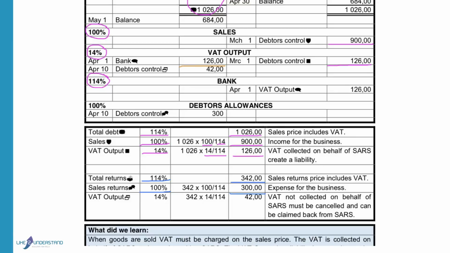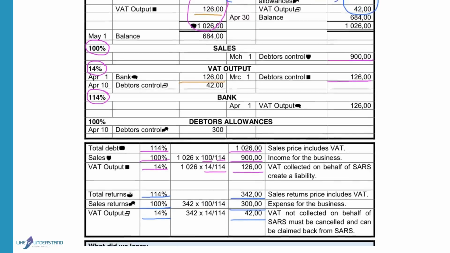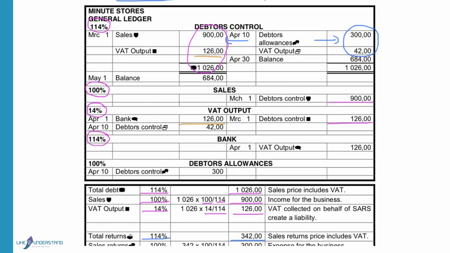VAT output, 14% of the 114% will give me the 42 Rand. So I will have to credit the debtors with a total 342. I will debit debtors allowances to show that the income out of sales are now reduced by this debtors allowances.